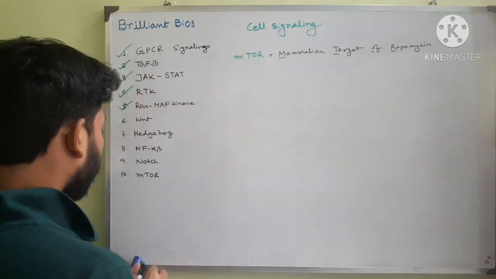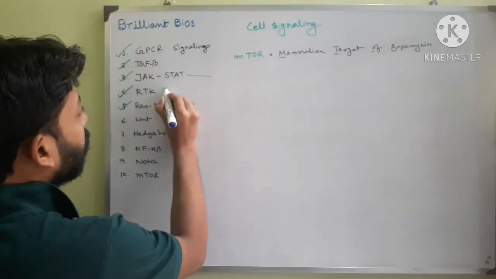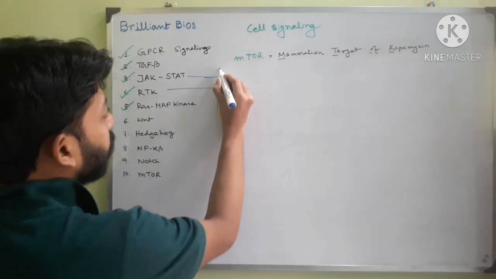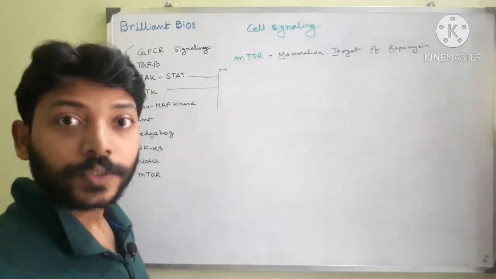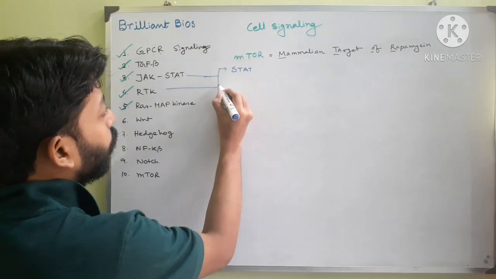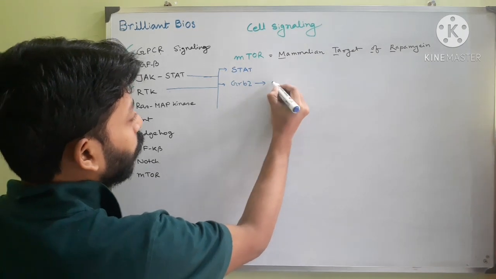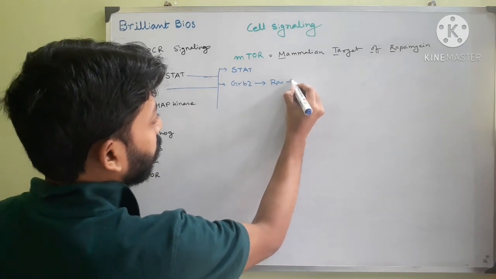I have mentioned in my previous class that both the JAK-STAT and RTK pathways can activate four signaling pathways. Both can activate STAT protein. Both can activate GRB2, an adapter protein through which the RAS-MAP kinase pathway can be activated.